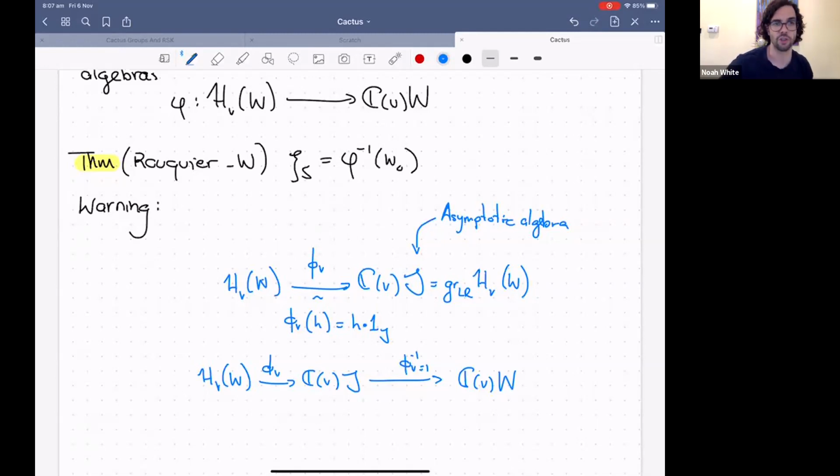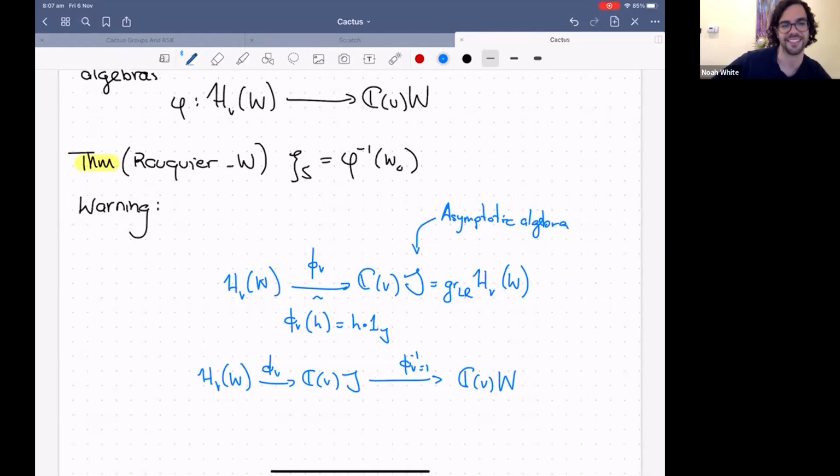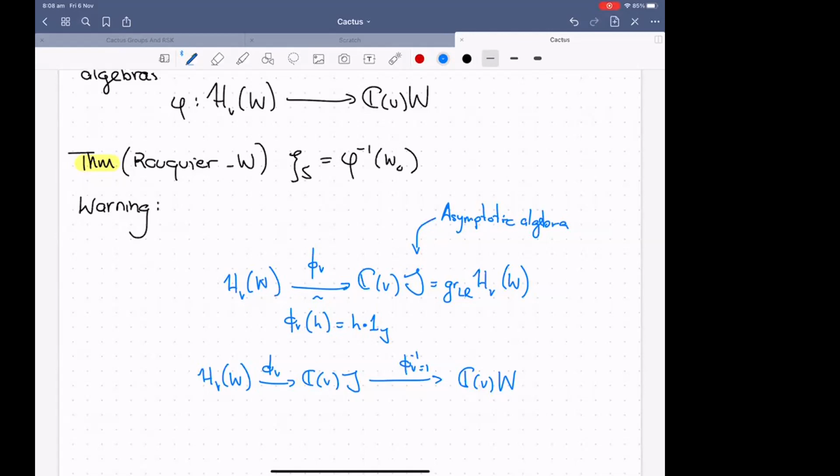So this isomorphism is not at all compatible with parabolics, which is problematic for the whole story. Actually, you can prove that there is no isomorphism between the Hecke algebra and the Weyl group algebra that is compatible with parabolics. So it's not just that this one is bad; they're all bad from that point of view. Not possible.